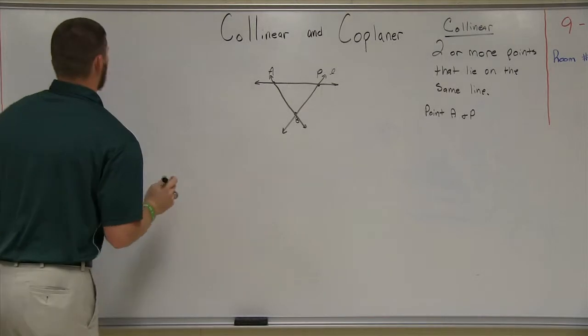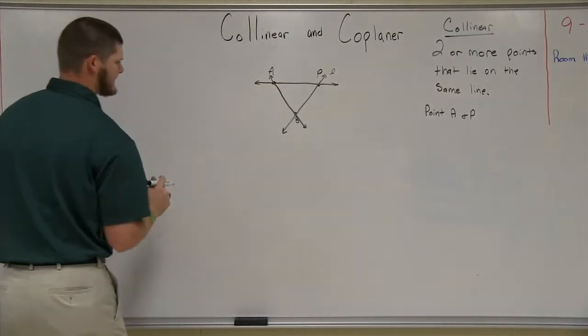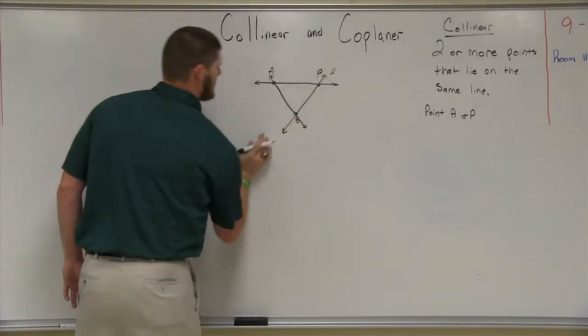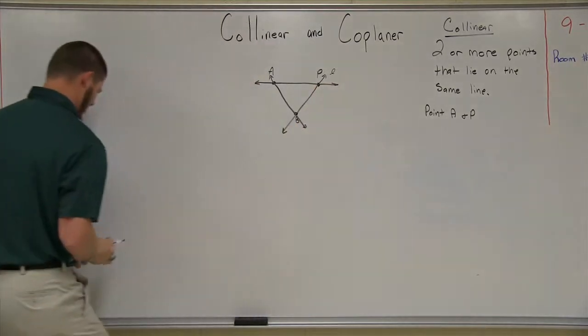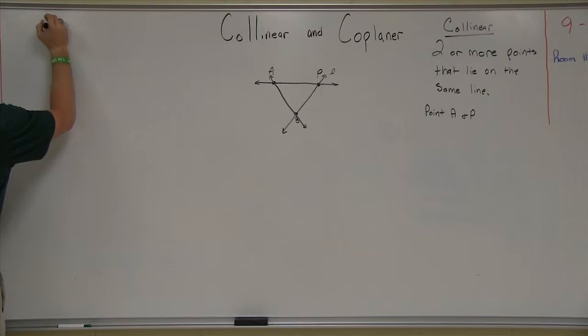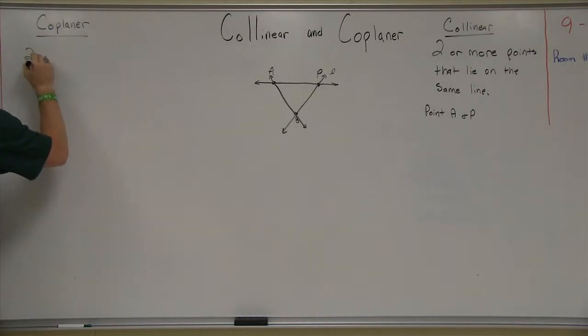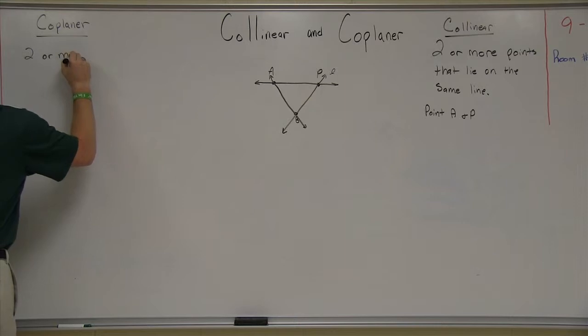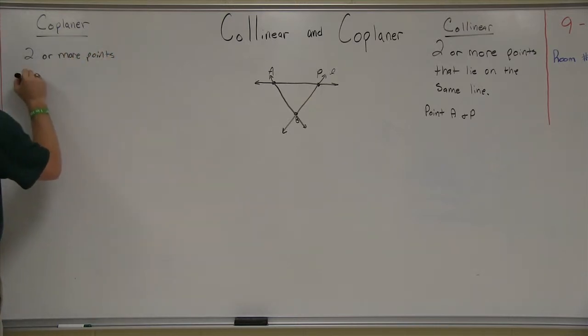So, to make a plane, we must have at least 3 points. These 3 points, because they lie on the same plane, would be called coplanar. It doesn't have to be 3, but these 3 are. But this would be 2 or more points that lie on the same plane.